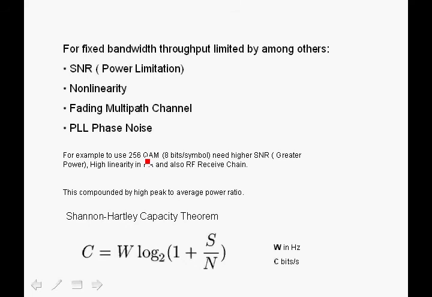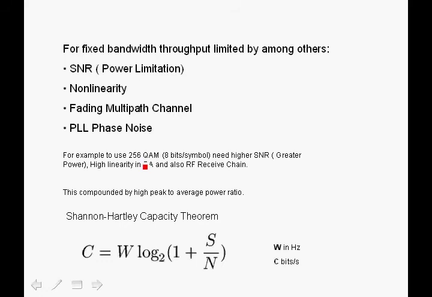Let's take an example of 256 QAM, where every point in the constellation would represent 8 bits. Now in some systems, by proper design, we can support 256 QAM, but 256 QAM requires higher signal to noise ratio. As the points get closer and closer together, the noise causes errors in the decoding process. So there is a limit on the bit rate you can support over a band limited channel given a signal to noise ratio.